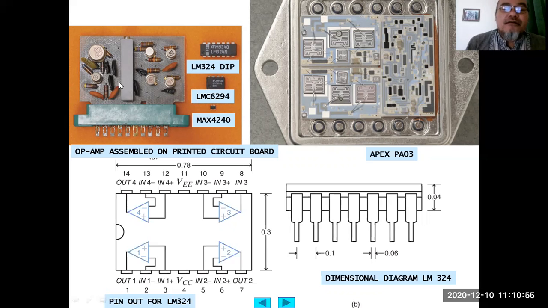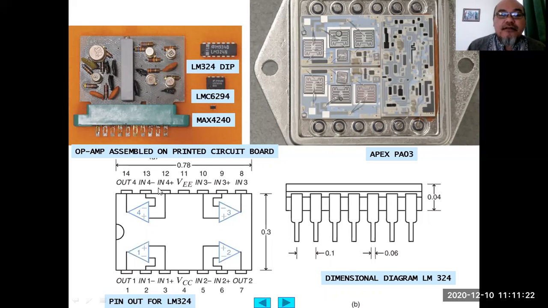Even one single chip like this can consist of 4 devices, like drawn here. So this is LM324 here. It consists of 4 operational amplifiers. Each of them requires 3 terminals.